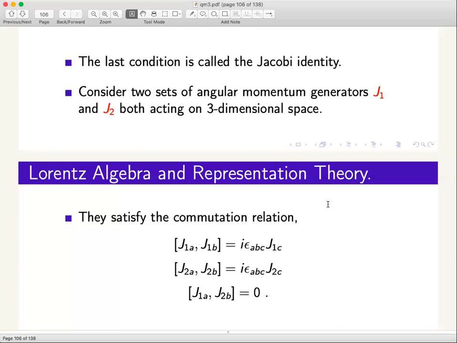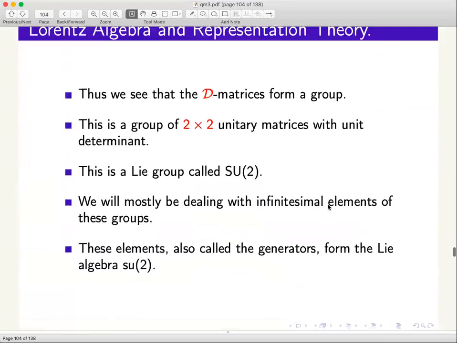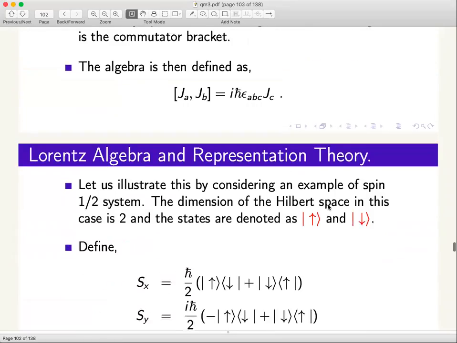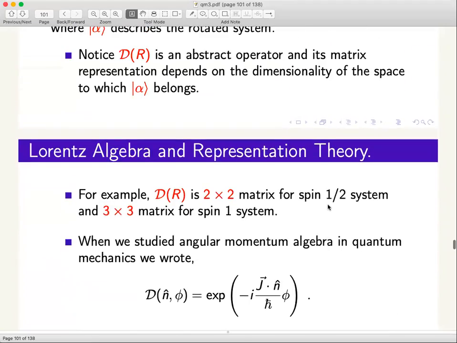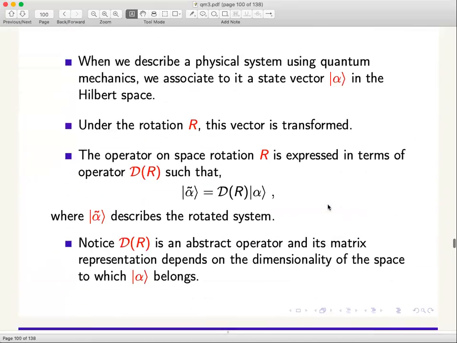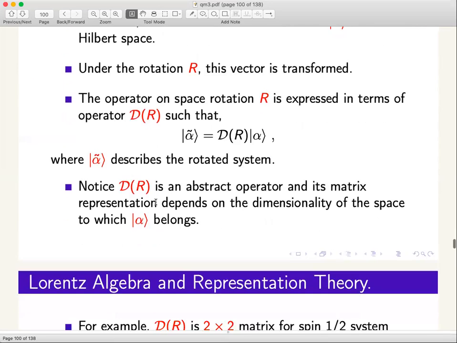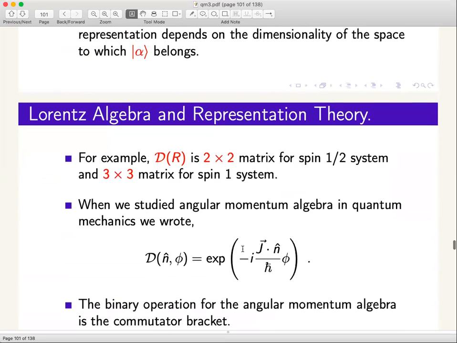Let's go back a little and see the R matrix. The R matrix is the one which rotates the vector in space, whereas the D matrix rotates a vector in Hilbert space. It is this D matrix that we write in terms of J's.